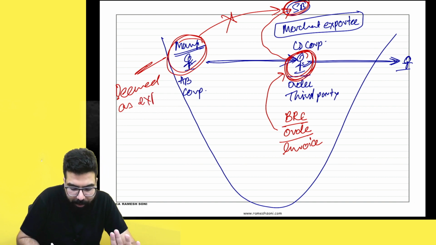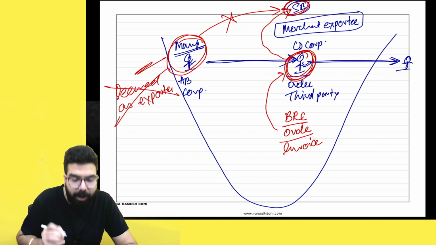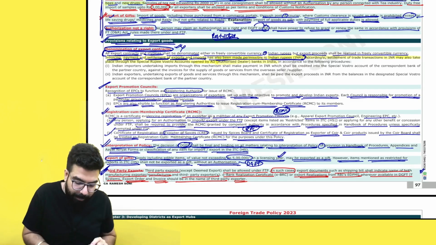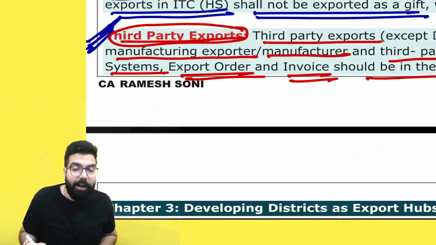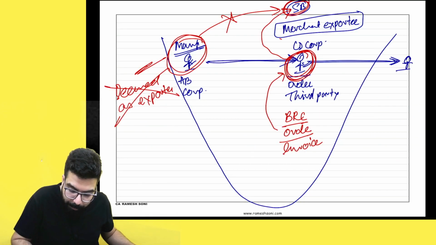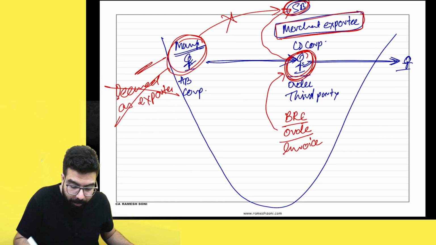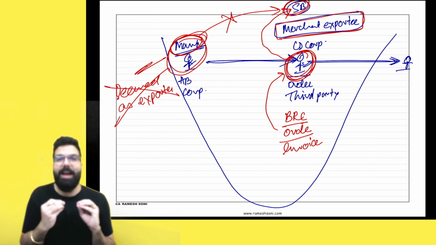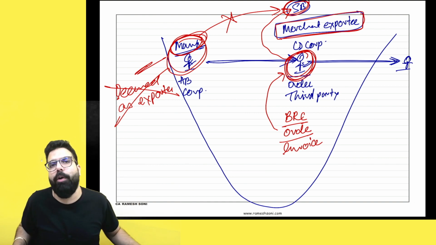exporter under the foreign trade policy, because in third party export it is clearly told that in a third party export case, both parties' names should be in the shipping bill. Number one, the merchant exporter who has got the order. Number two, the manufacturer exporter who is manufacturing and supplying to the merchant exporter, who is ultimately going to supply.